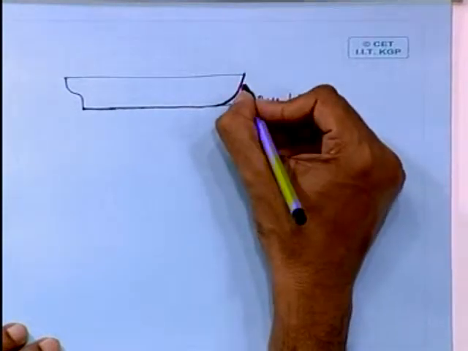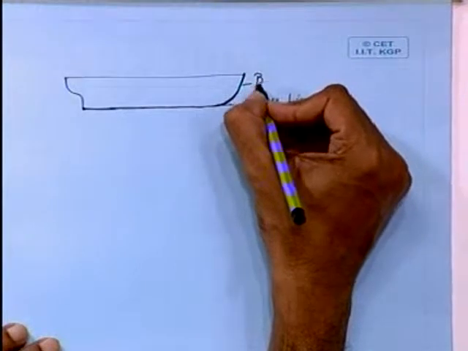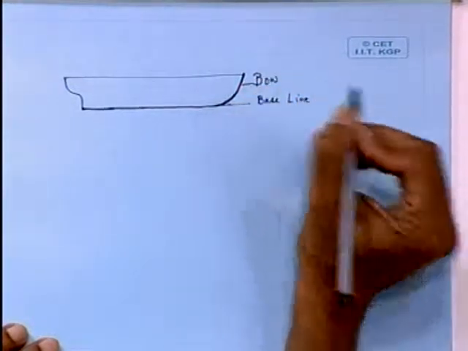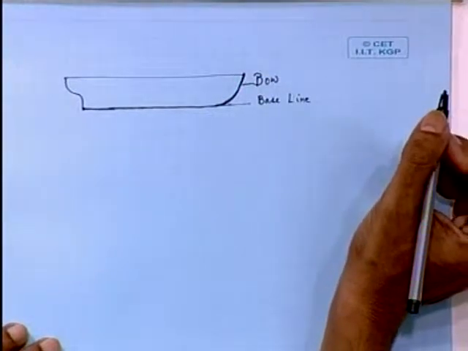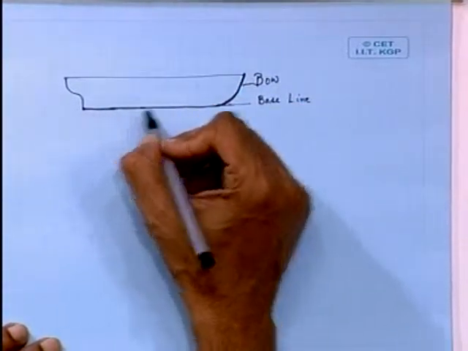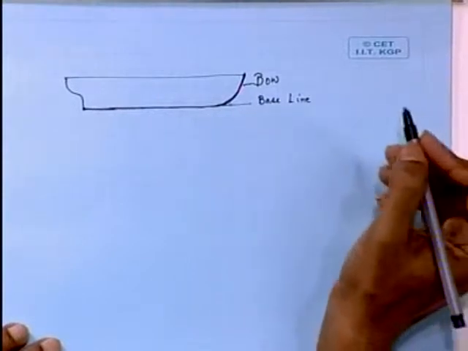So this is called the bow of the ship, BOW. So your datum line, that is the lowermost line, is called the baseline.